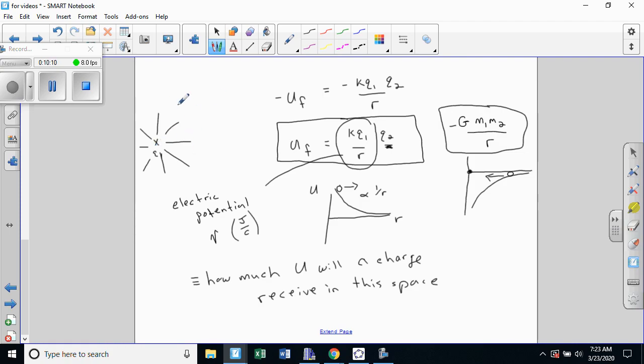So anywhere in this space, let's call this point P, that space had an electric potential, V, of KQ over R. And it says that for every coulomb of charge that I place in this space, this is how much potential energy that coulomb is going to pick up. So when I placed Q2 in that space, the energy of this new system is now Q2 times the electric potential due to charge 1.